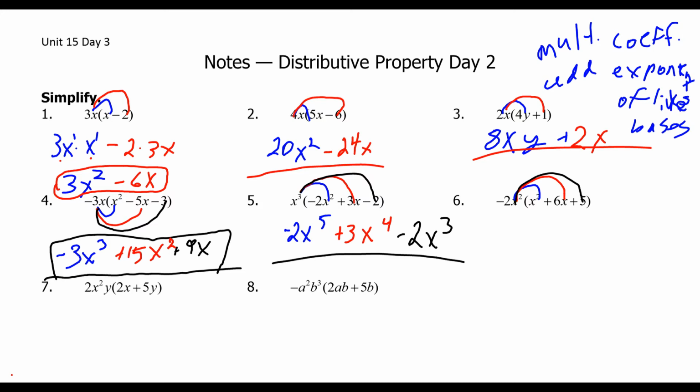So that's going to be negative 2x to the 4th, negative 12x to the 3rd, and we're going to do negative 10x squared. And there's the answer. Alright, this should, at some point, almost start becoming second nature. You should be able to just go boom, boom, boom, boom, boom, boom, really fast with this.